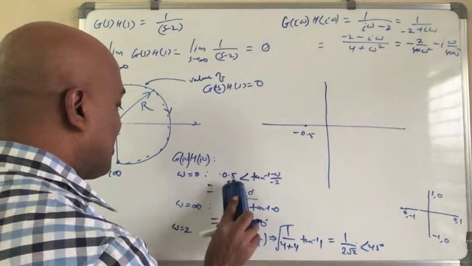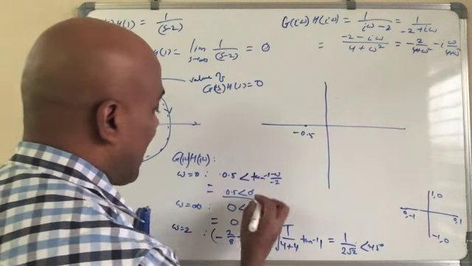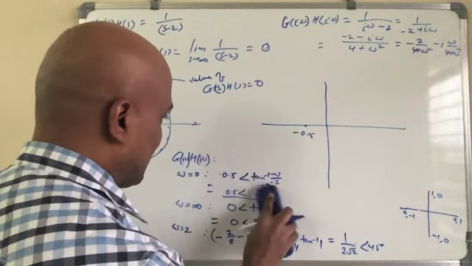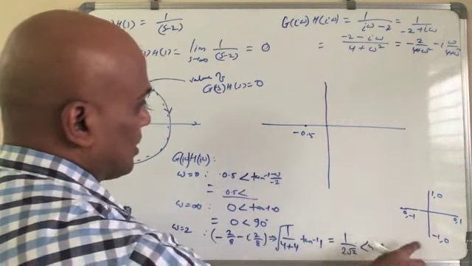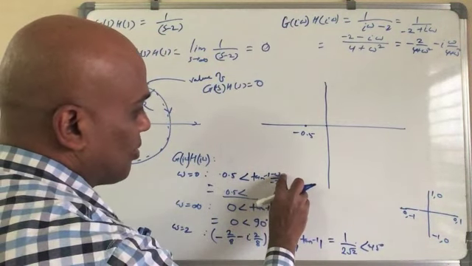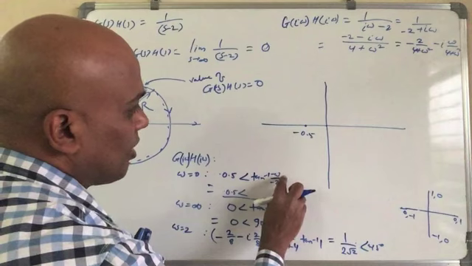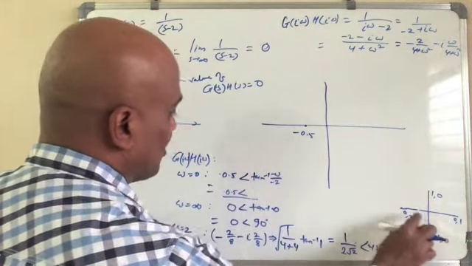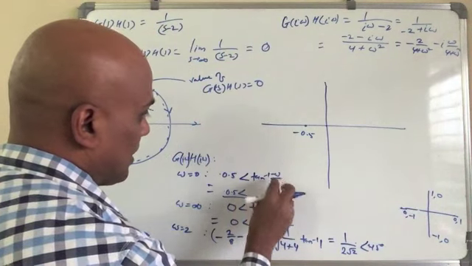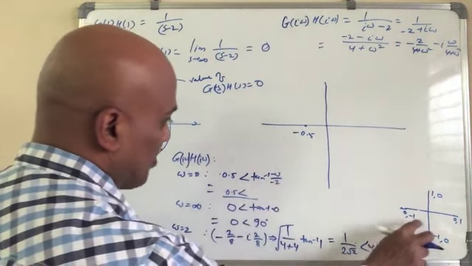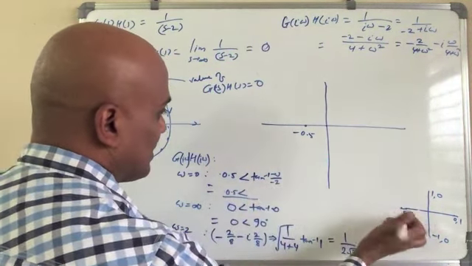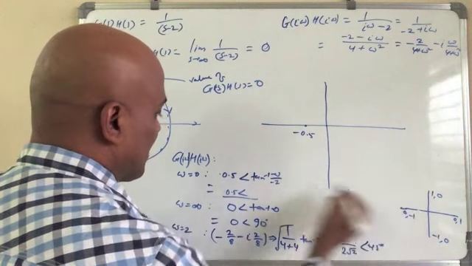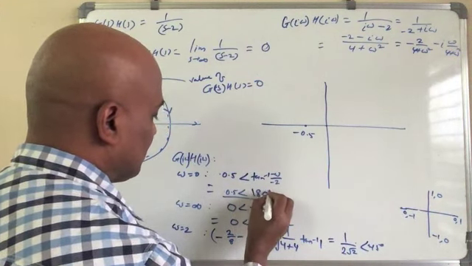The magnitude remains 0.5 but the angle is 180 degree. Both have a negative value here, so it tends to 0 but from the negative side, so it will be 180 degree.